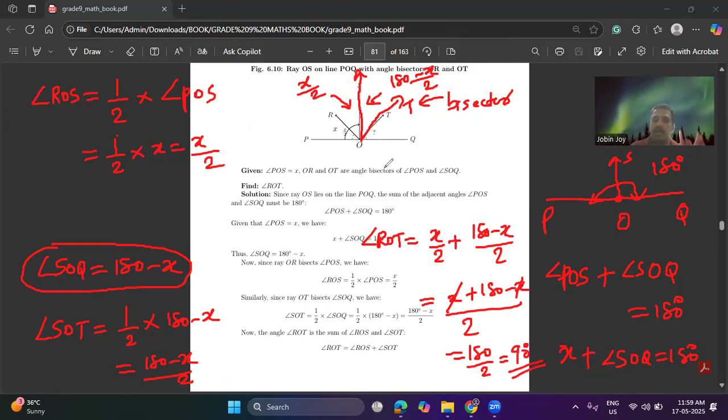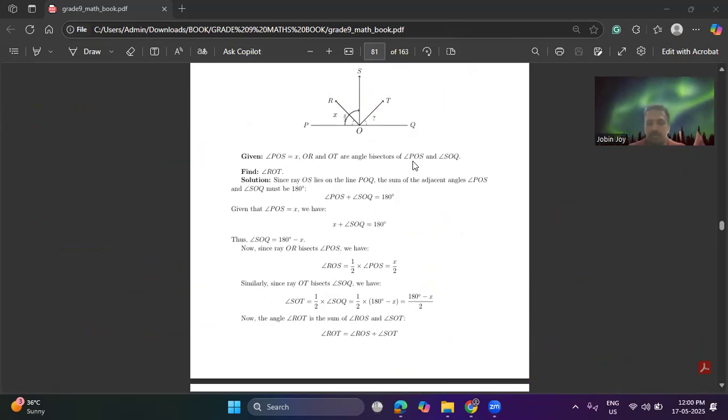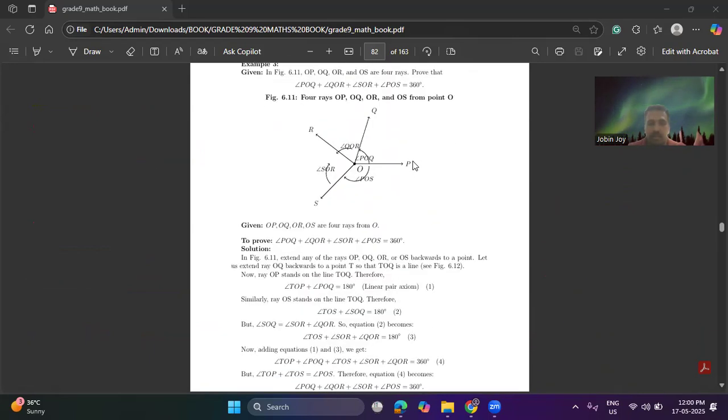So the answer is 90 degrees, meaning this angle is a right angle. We calculated this. In this way, you can calculate any type of problem by applying the concept of lines and angles. Then another example.